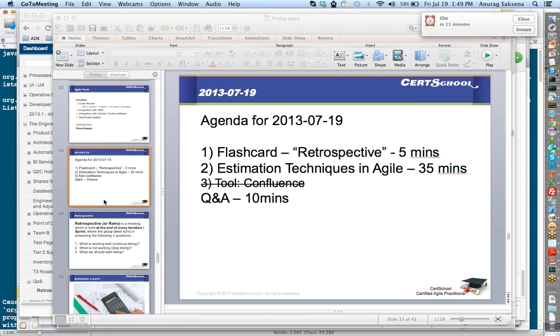Which technique is more popular? They are all popular. I would say one thing: start using story points, even if you're not playing planning poker, even if you're not doing affinity estimation, even if you're not doing wideband Delphi.